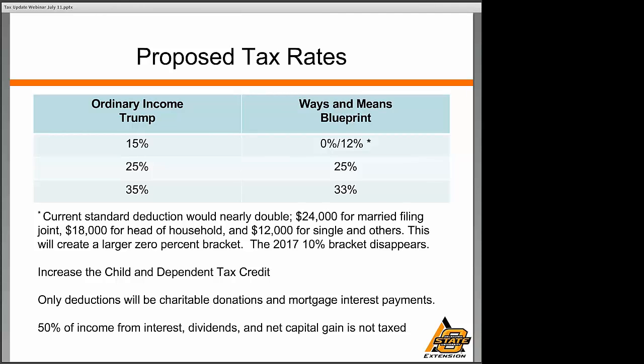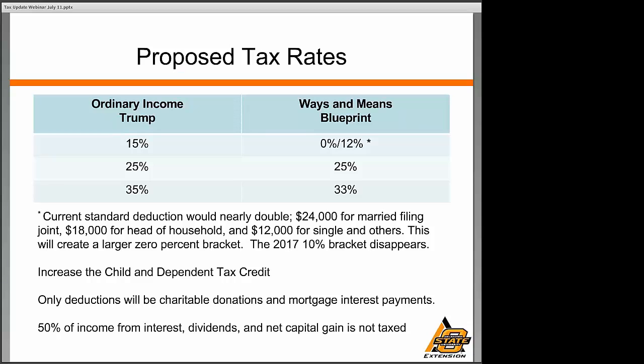Now here's what's being proposed. If you look at what the ordinary tax rates would be, Trump's saying 15, 25, and 35. So we get rid of the 10%, we get rid of the 39.6, and we kind of work something out in the middle. The Ways and Means blueprint is looking at a 0%, 12% being the bottom. The reason that's kind of fuzzy in this example is you've got to look at the standard deduction and where it applies.